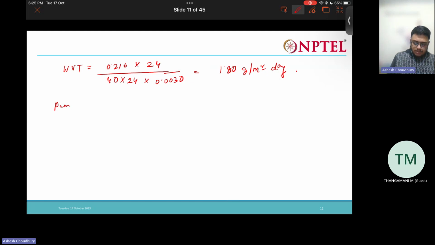Next we have the permeance. Permeance was WVT by S into R1 minus R2, right? So 1.80 by S. S is the saturation vapor pressure at temperature. Generally at 30 degrees, saturation vapor pressure is 32 mm of mercury.